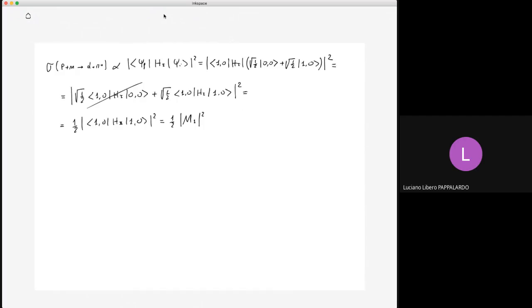So suppose we want to predict the ratio of the two cross-sections, so the cross-section of proton plus neutron that goes into deuteron plus pi 0, divided by the cross-section of proton plus proton that goes into deuteron plus pi plus. Okay, so the cross-section ratio will be proportional to 1/2 M1 squared divided by what we found before, M1 squared.